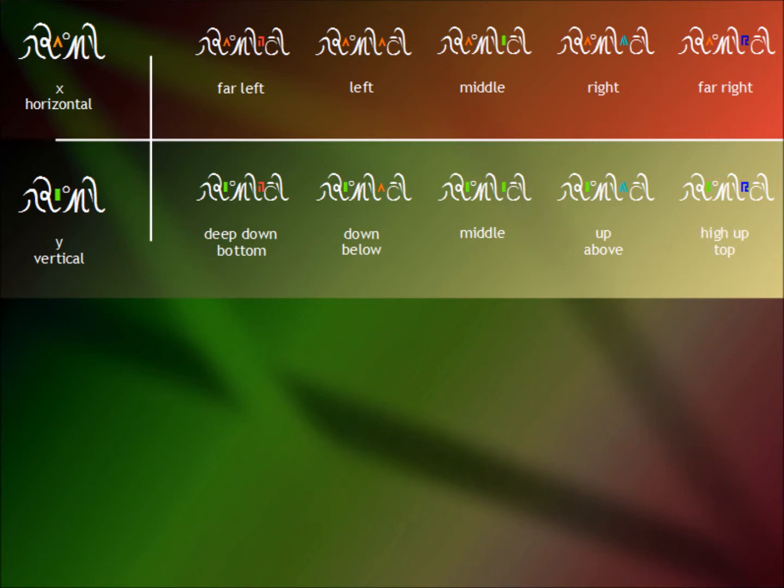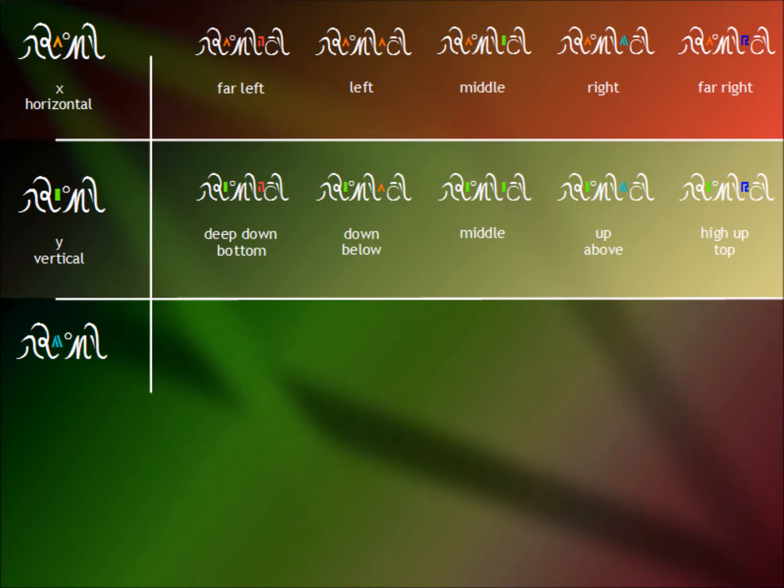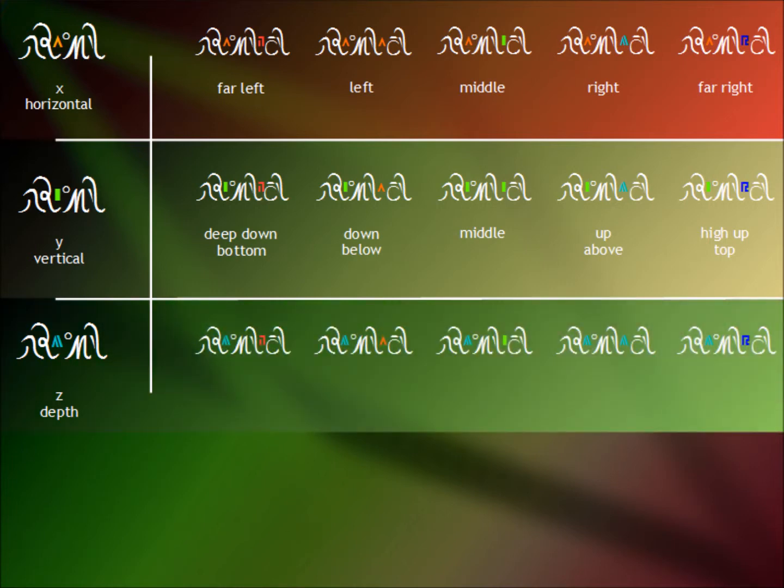The third axis, anida, is the mathematical z-axis, which ranges from back to front. In analogy with the previous examples, we now get anida ara, anida aira, anida era, anida ira, and anida ora, or far back, back, middle, front, and far front.